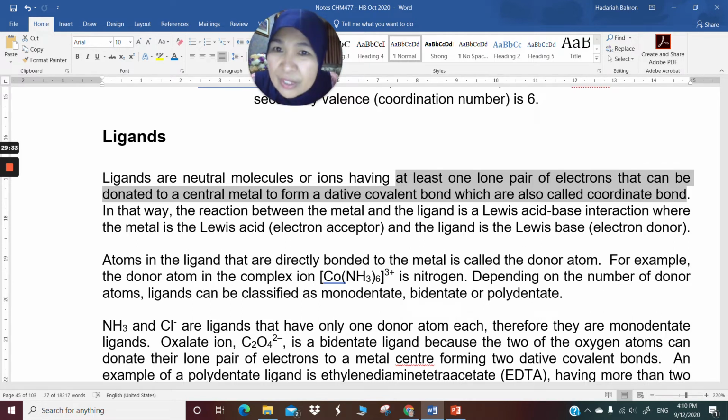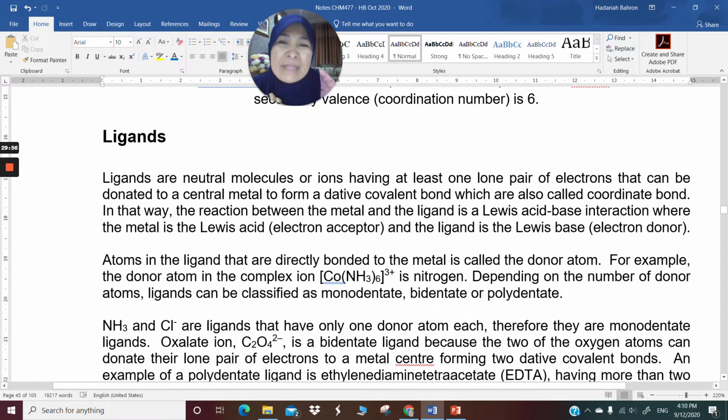That's called an ordinary covalent bond. But in the case of a dative covalent bond, both electrons come from one source. In the case of ammonia, the lone pair that is being shared with the metal comes from ammonia. So that is called a dative.